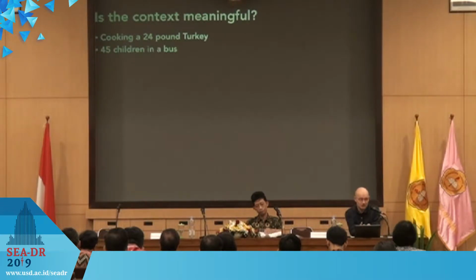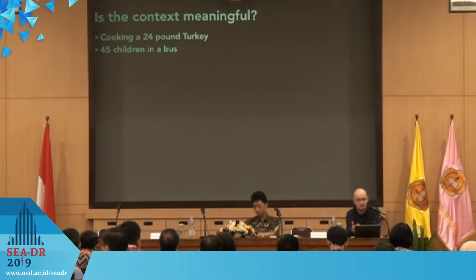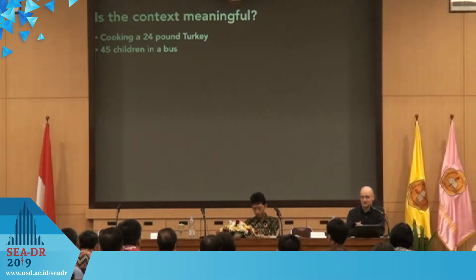And the way Dutch children, because they take the 45 very seriously, they will have to do a repeated addition or subtraction of 45, or they will have to do 10 buses is 450, 20 buses, 30 buses. Indonesian children will say 100 children in a bus. Oh, that is easy. And informally they changed the context.